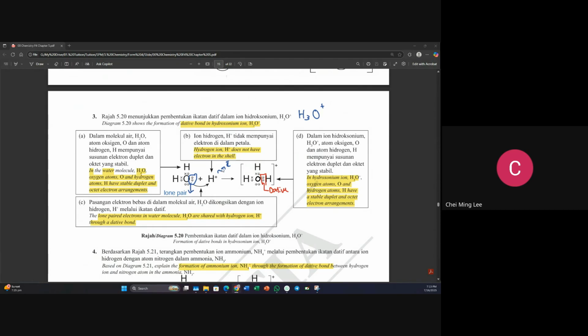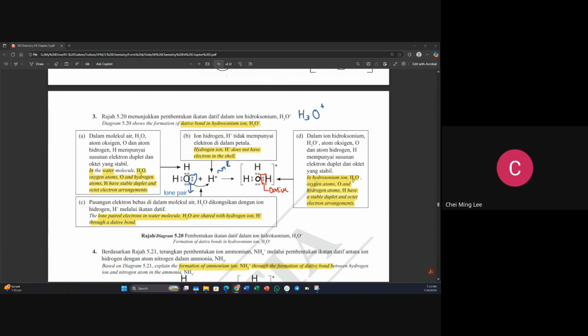Now, this is a hydrogen ion, so it does not have any electron in the shell. So what happens is the lone pair of electrons in this water molecule here, this is the lone pair, which means it's alone and not joined to any element, is shared with the hydrogen ion through a dative bond, so it finally becomes like this.